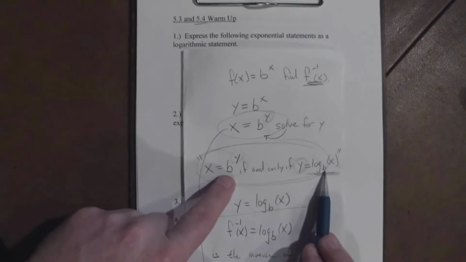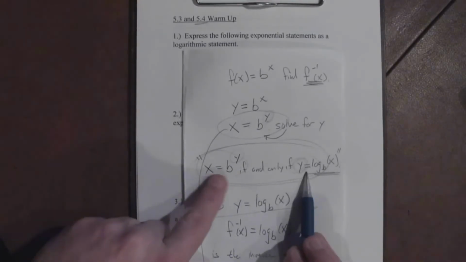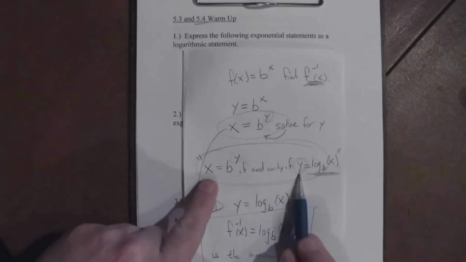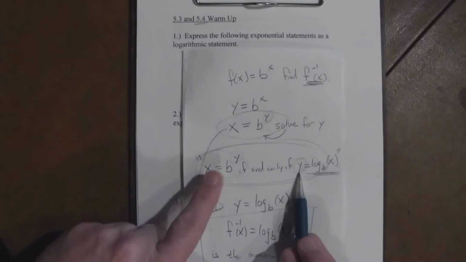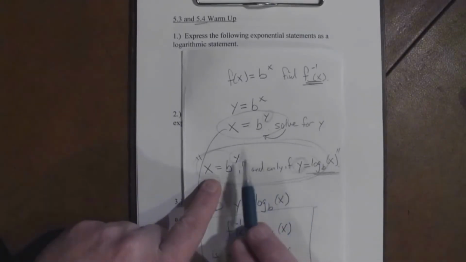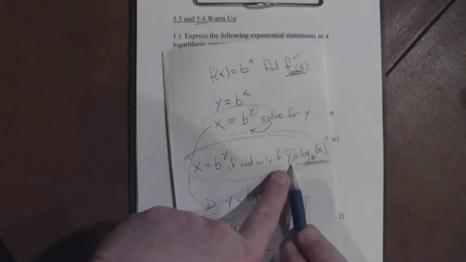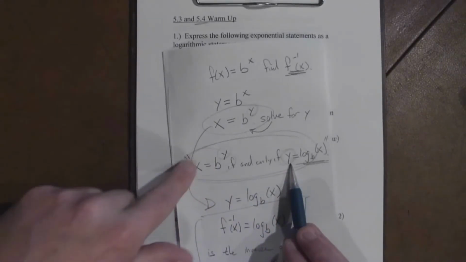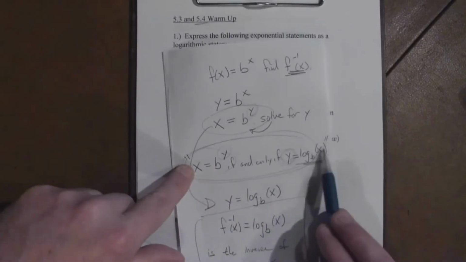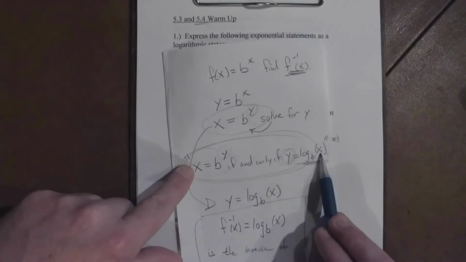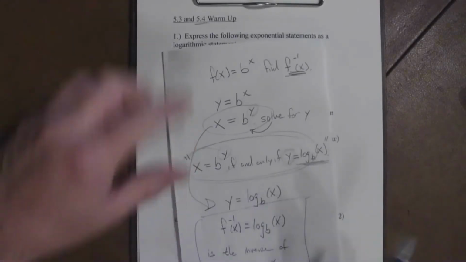That's the base. What happens inside the equation is you get one of the variables all by itself on one side of the equal sign, where if you have this exponent in the exponential, it becomes by itself in the logarithm, and the argument that it was equal to in the exponential becomes the argument of the logarithm, and vice versa.